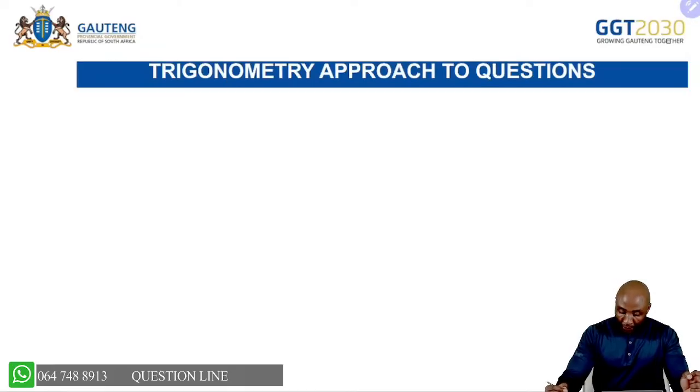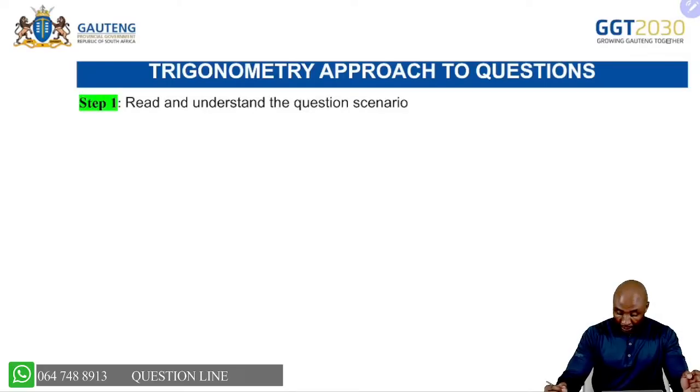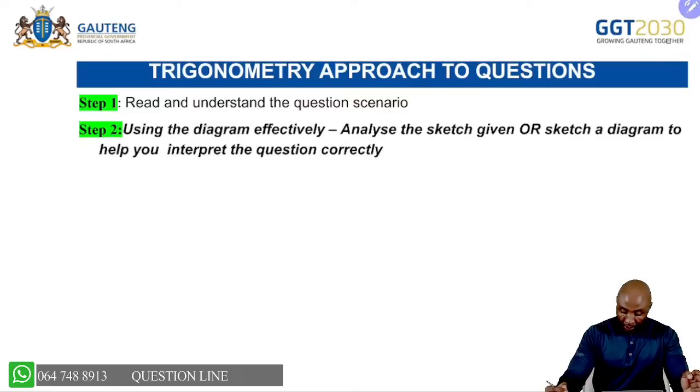Now, we will look at the approach to questions. This will apply to all other topics in paper 2. Read and understand the question scenario. Use the diagram effectively. Analyze the sketch or sketch the diagram depending on the question.